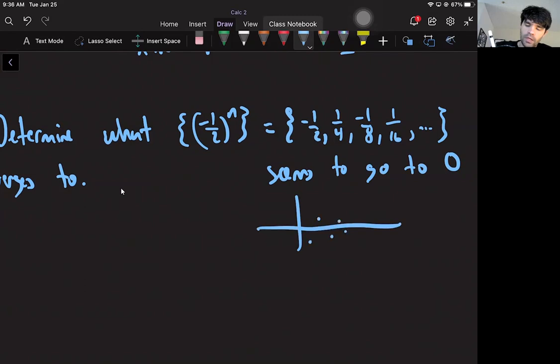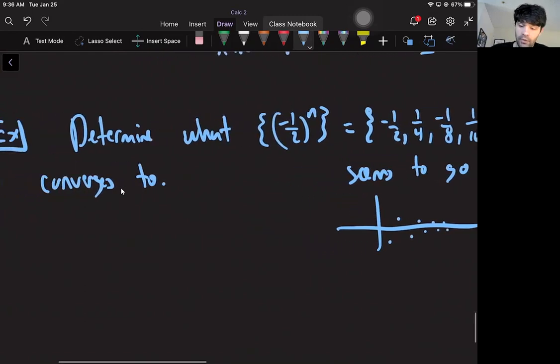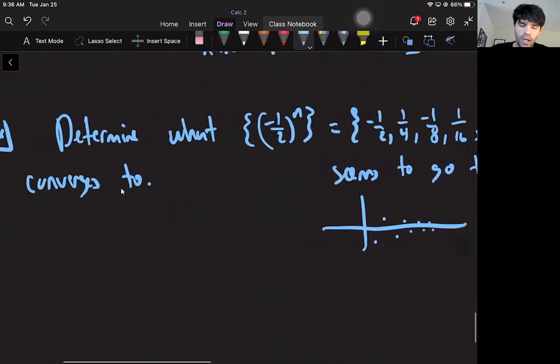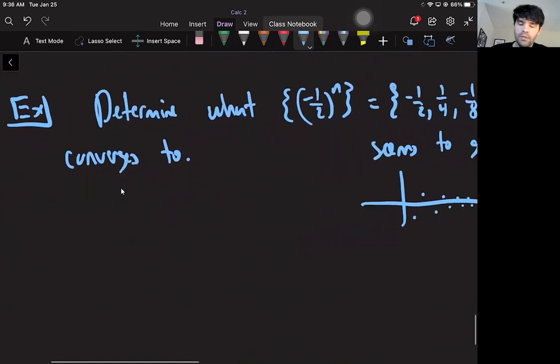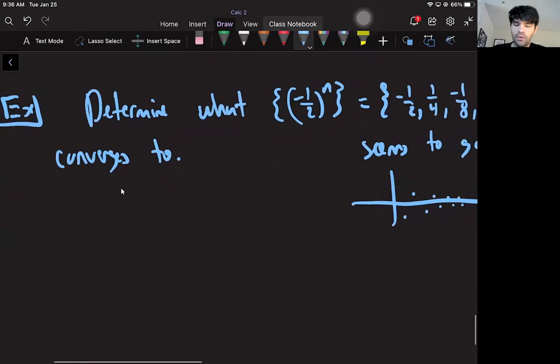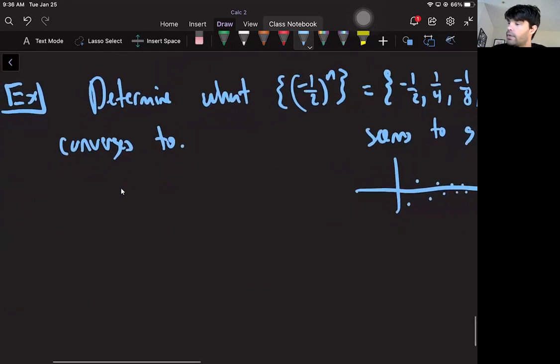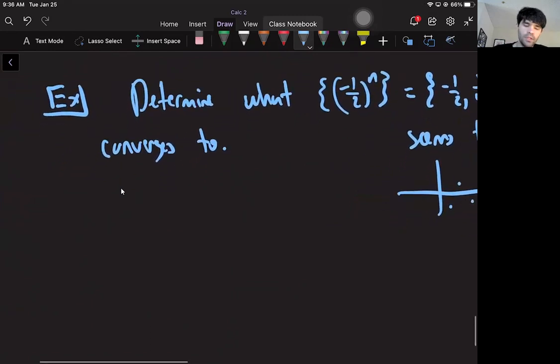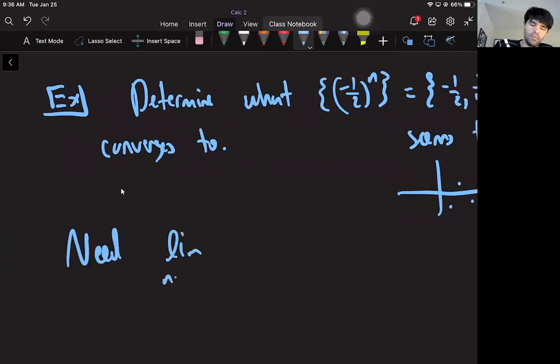But while it's doing that, it's shrinking towards 0. But that's not a great proof of why it converges to 0. And the squeeze theorem allows us to actually show it for real. Okay, so let's see. So we need this limit.